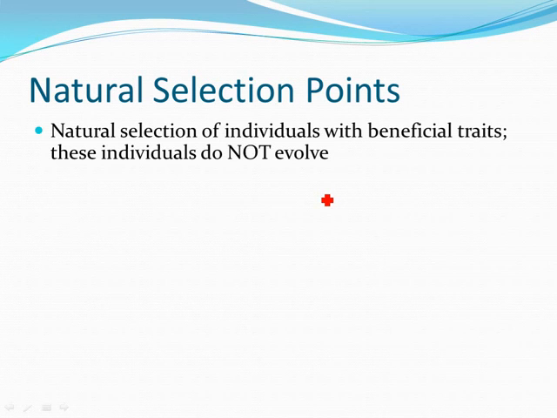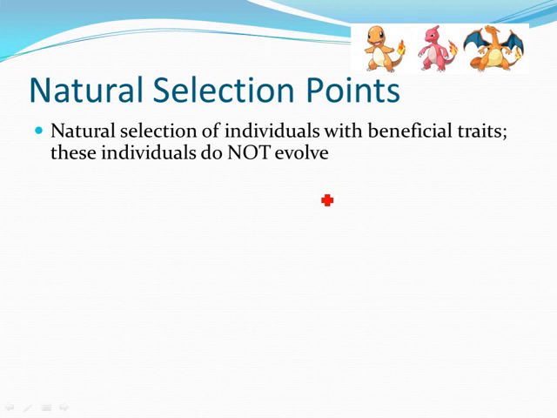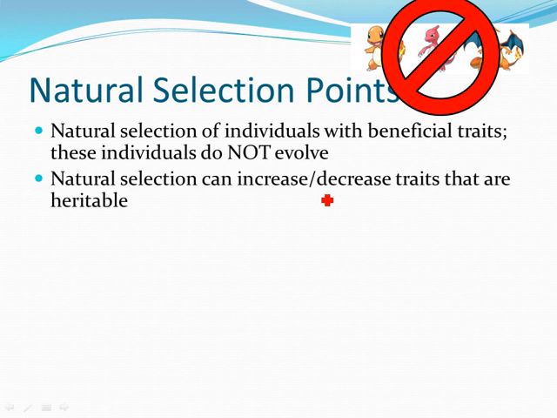It's not the individual that evolves, but the species, or more generally, the population itself. All the individuals in that particular species. The population is the thing that evolves. So not like Charmander here, it's not the individual organism, but the population itself.